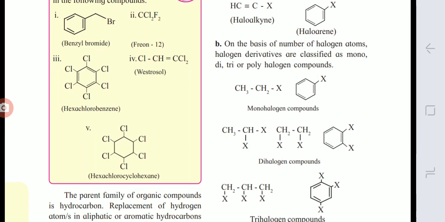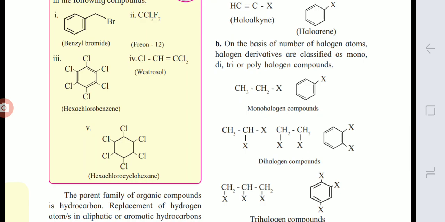Then in the next structures, CH3CHX2 or CH2X-CH2X, these compounds are obtained by replacing two hydrogens by two halogens. In the first structure, both the halogen atoms are on the same carbon.